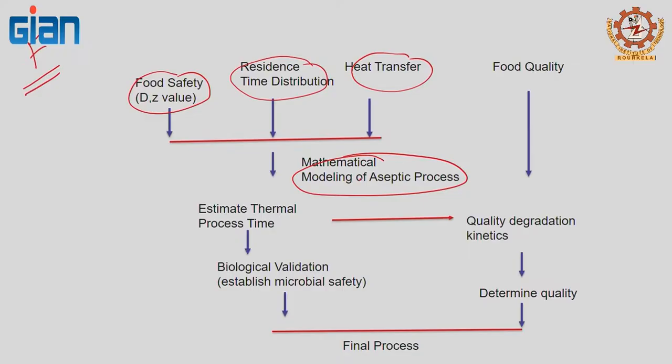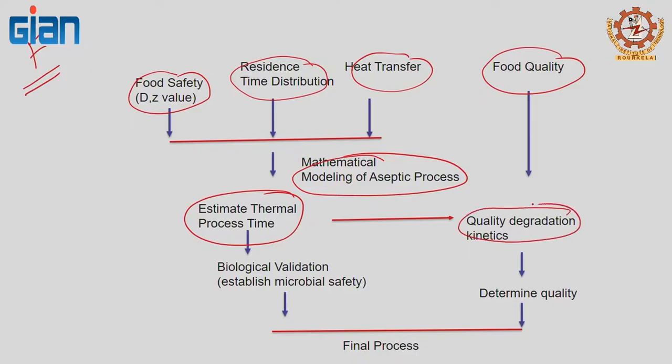Then you use a mathematical model to look at the estimated thermal processing time, and you also look at the damage to quality, like the destruction of nutrients or texture, all those things. So, you may want to study the quality degradation kinetics. Then you establish the thermal process time.